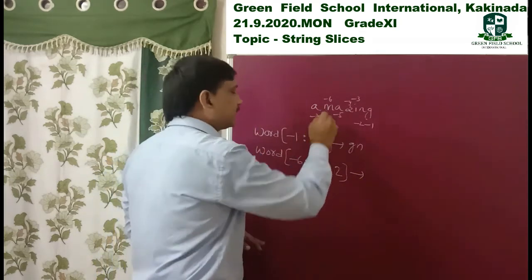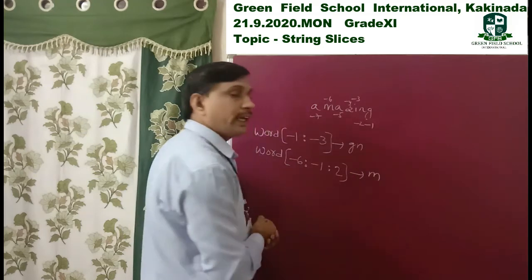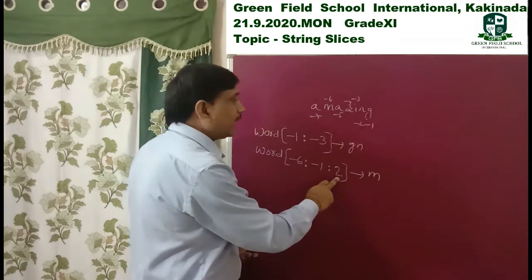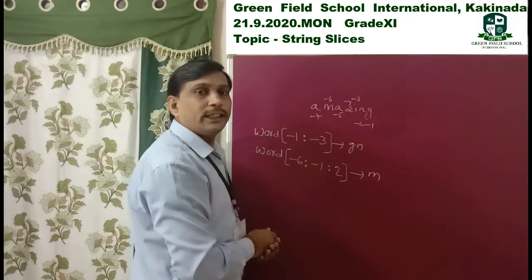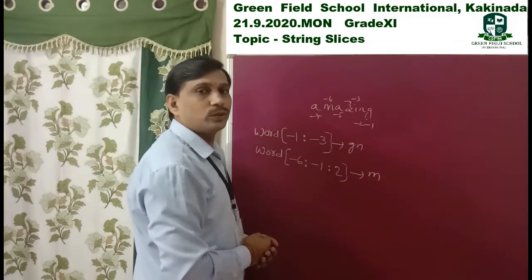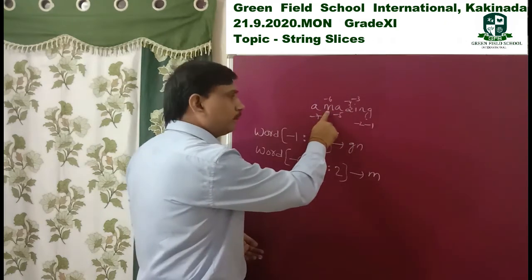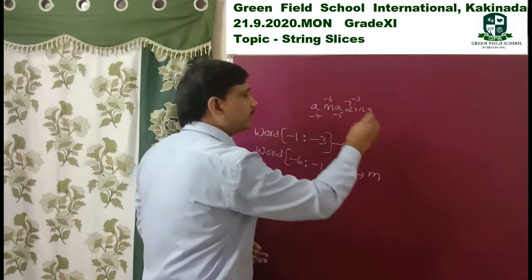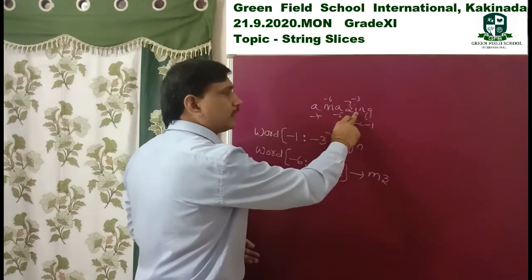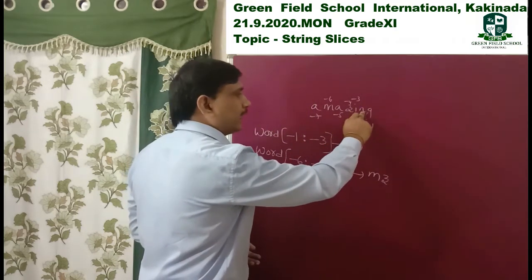Here minus 6 is m, so I write m first. By default the incrementation is 1, but here I am writing step value 2. That's why first I write m, then leave 1, then write z. Then leave one thing and consider n.